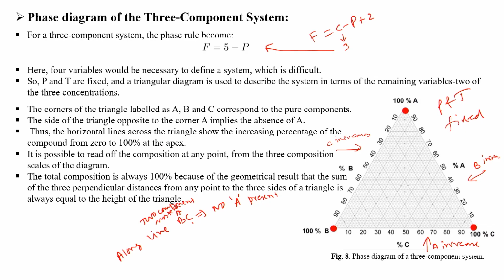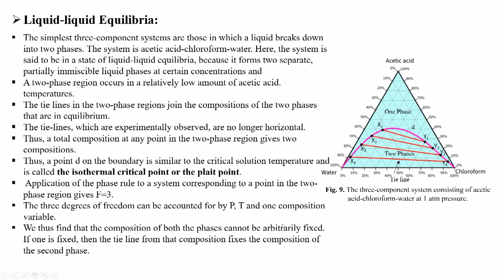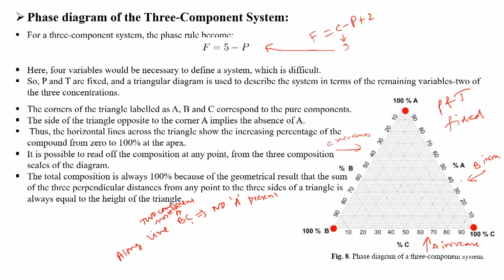So A increases in this direction, and when A reaches here we get 100% A. Similarly, B increases in this direction, and when we reach point B here, we get 100% B, and so on.